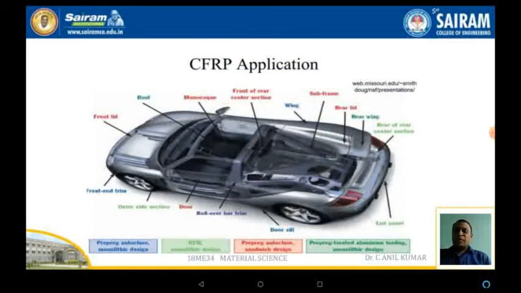If I take an example with respect to CFRP applications, in the modernized cars we are getting nowadays, most of the application is FRP, by which weight reduction takes place automatically and we can also achieve the strength of normal sheet metal.